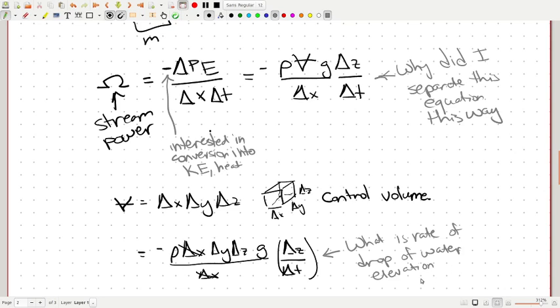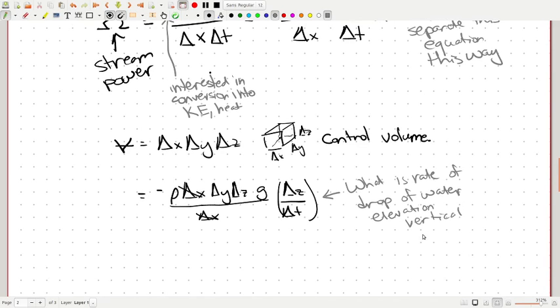So this is just going to be vertical distance per time.